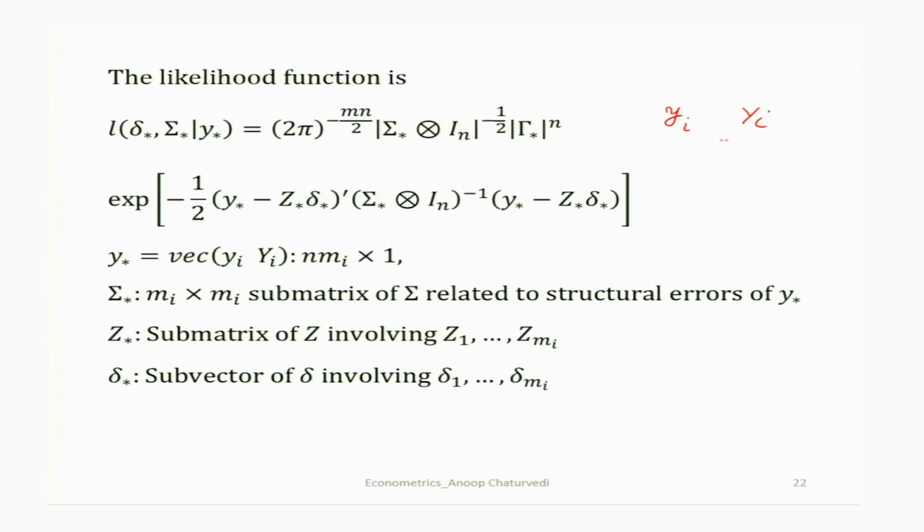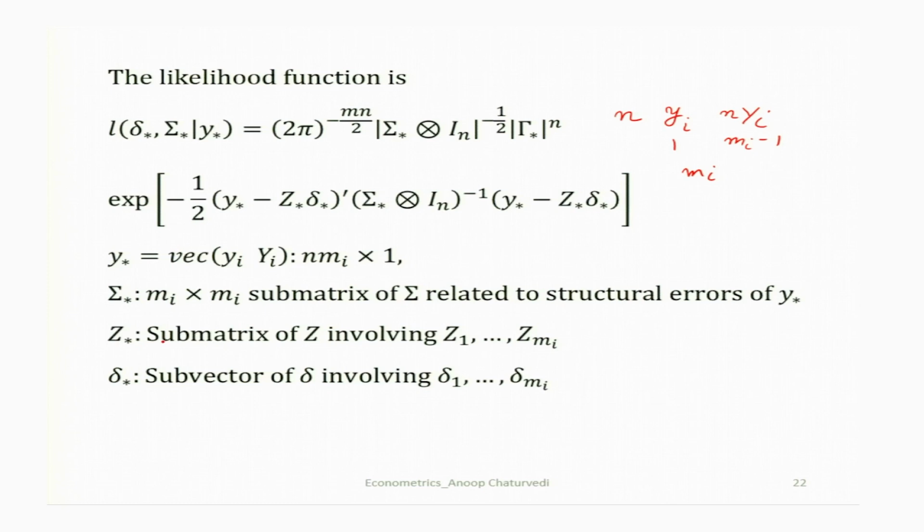Now, how many variables are there? 1 and m_i minus 1. So, in all you have m_i, and each of these vectors is of order n, means each vector has n rows. This vector has n elements, and this matrix capital Y_i has n rows. So, in all you get n into m_i elements in this vector y star.